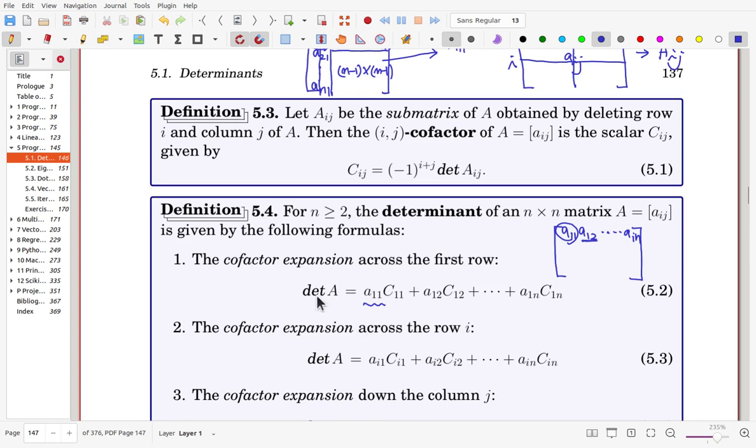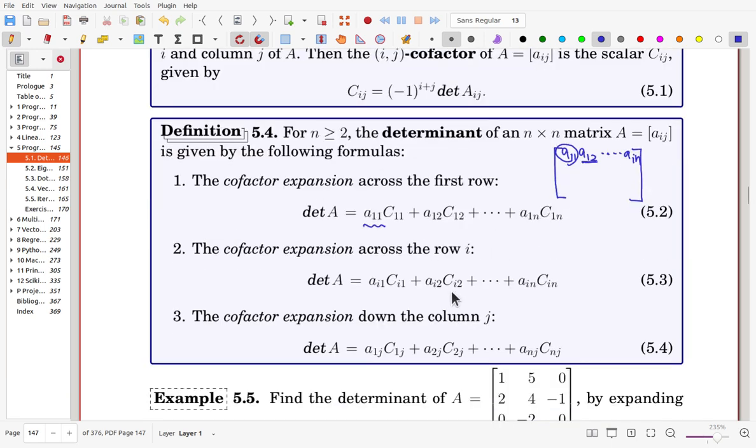So the determinant of A can be gotten by any cofactor expansion across any row. Now again, such cofactor expansion can be done by choosing any column.